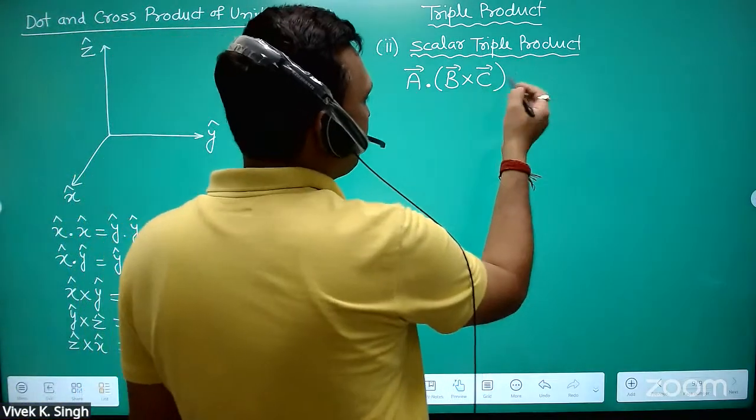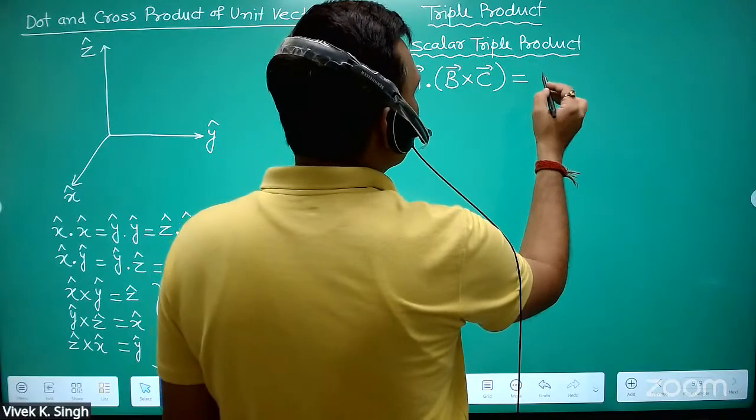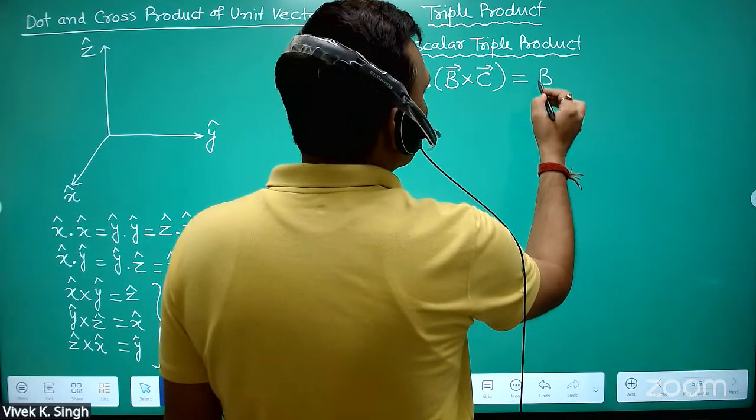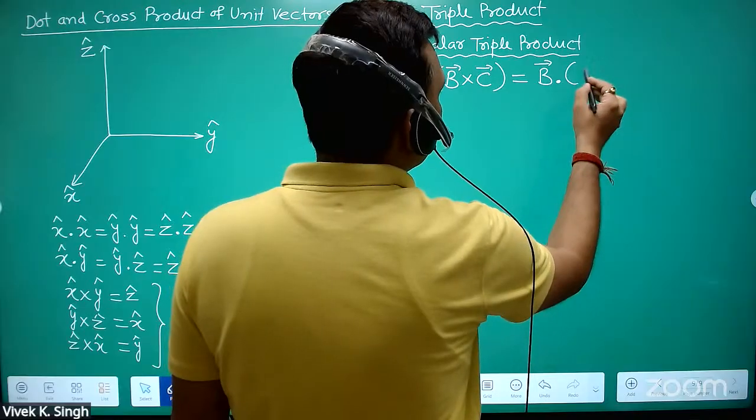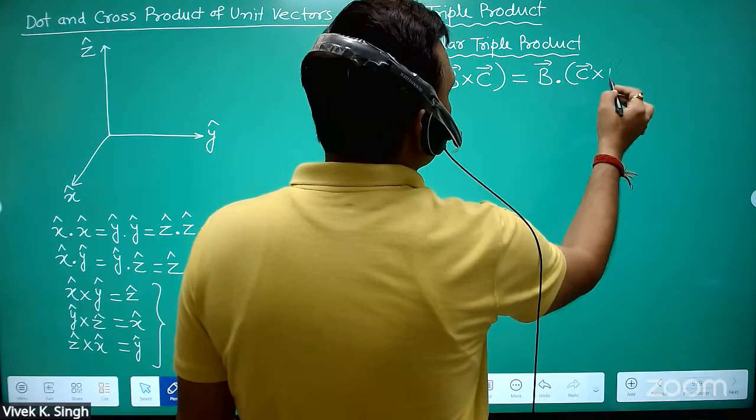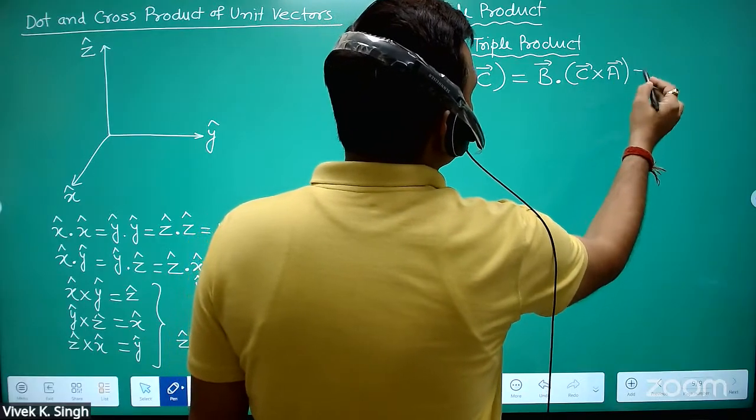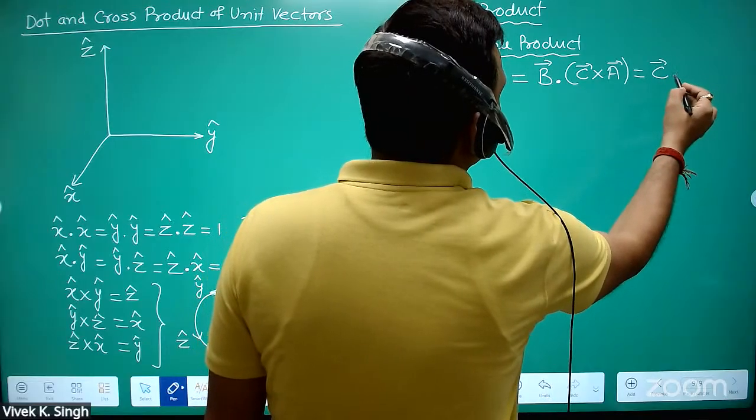You will see this A dot B cross C is, you have to remember it. And this is also C A B.